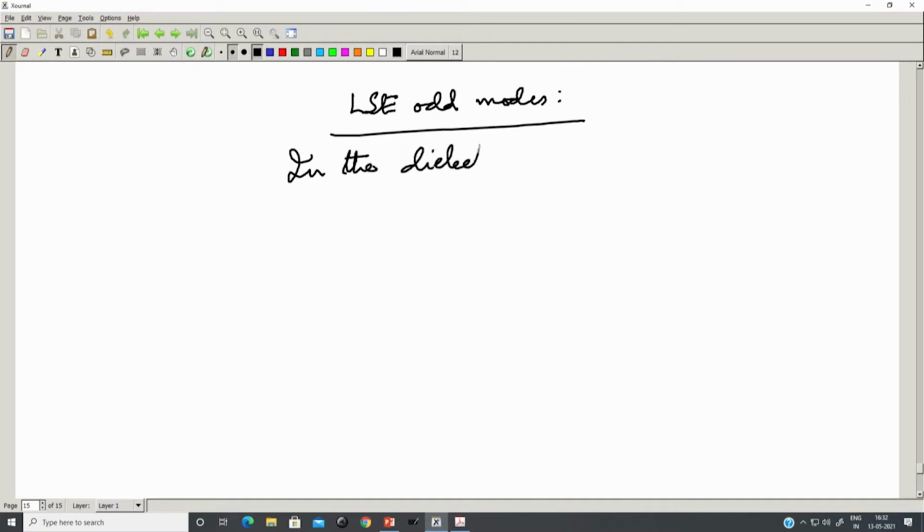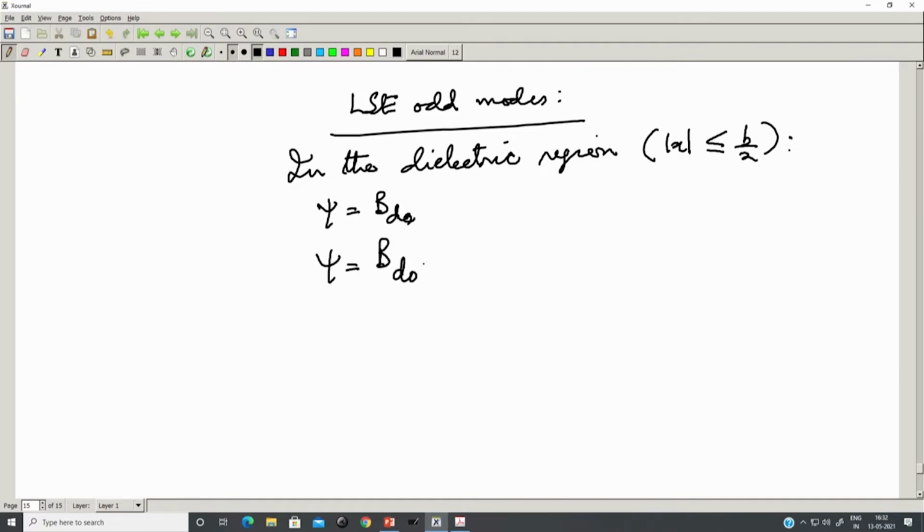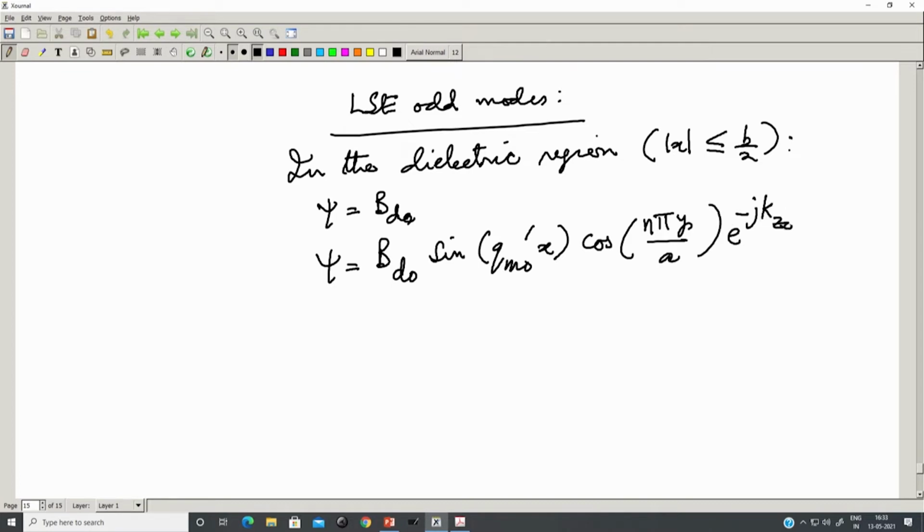in the dielectric region, for mod x less than equal to b by 2, we have psi equal to BDO sin q m o prime x cos n pi y by a e power minus j k z o prime z.